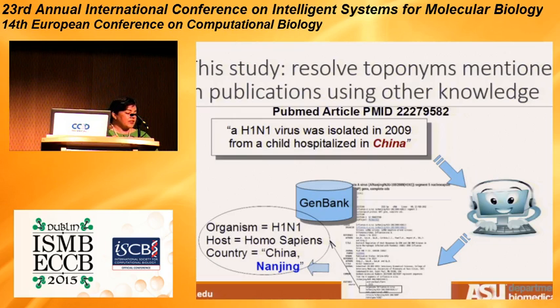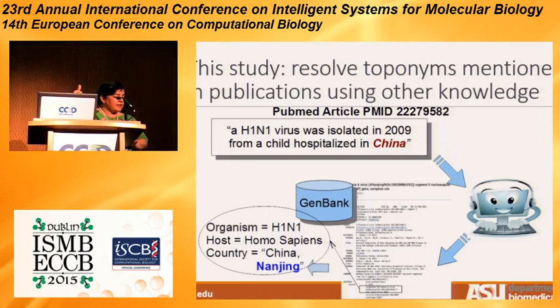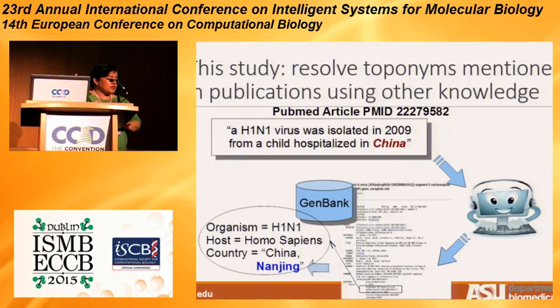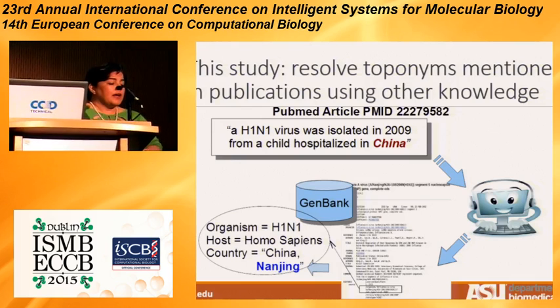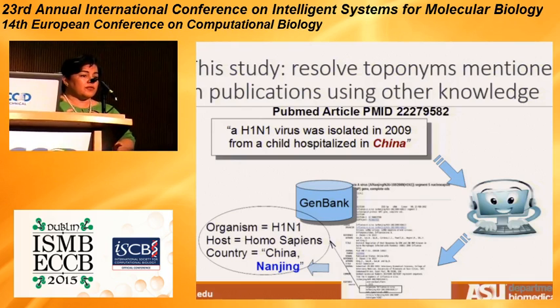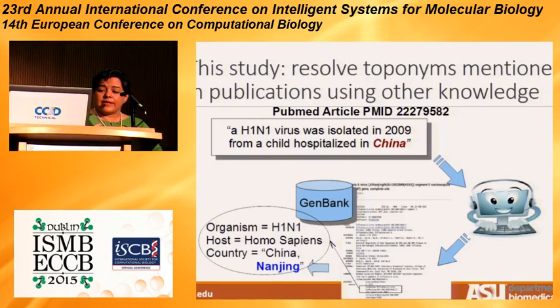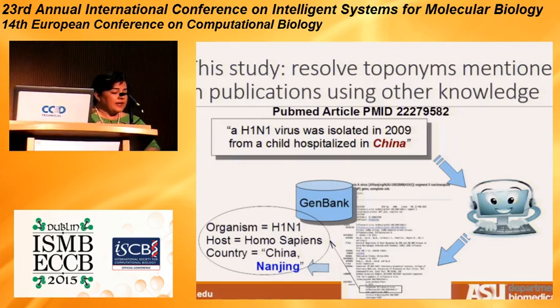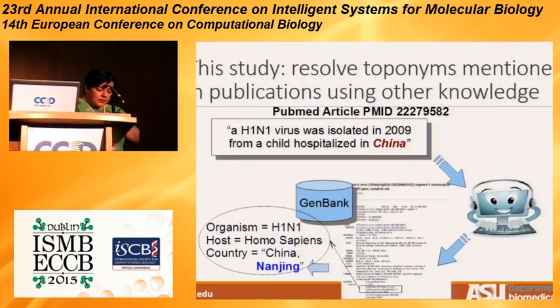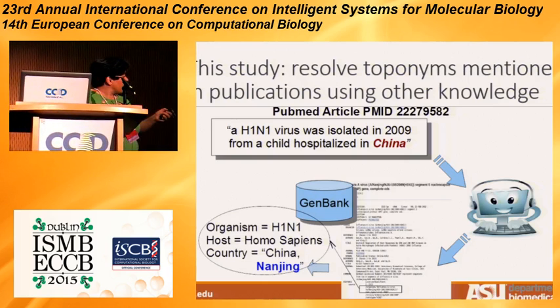So we found a matching record, which again is not always straightforward. We use other information like the organism, in this case H1N1, the host, and the country, China. The mention in the paper had China in it, but not any more specific information.